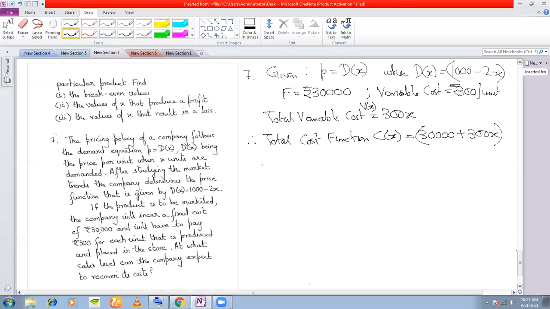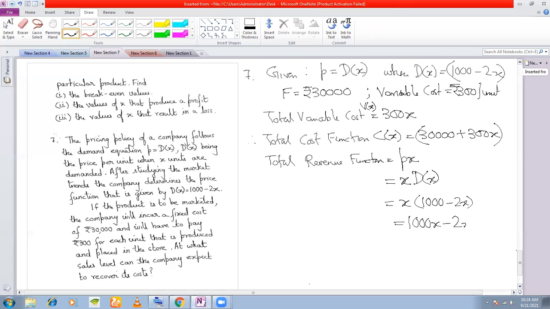We'll now proceed to find out the total revenue function. Total revenue function is P(x), price per unit into number of units produced. Price per unit is given to be D(x). And what is D(x)? 1000 minus 2x, which is equal to 1000x minus 2x square.